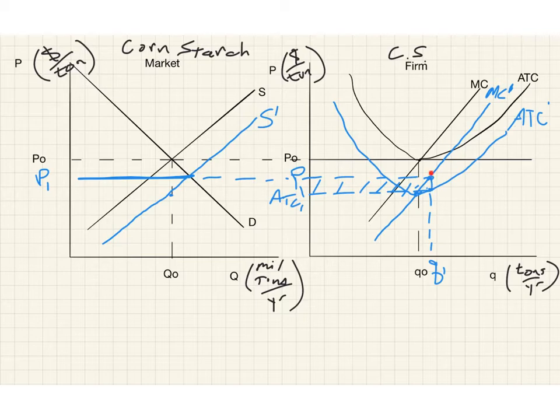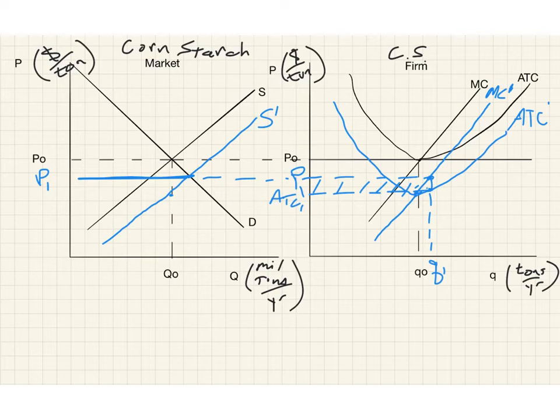Just to be clear, this point on the average total cost right above Q1 tells us the average costs associated with producing Q1. Price minus average total cost is average profit at that level of output. We multiply through by quantity to get the area of this rectangle equal to total profit. So that's the short run case.